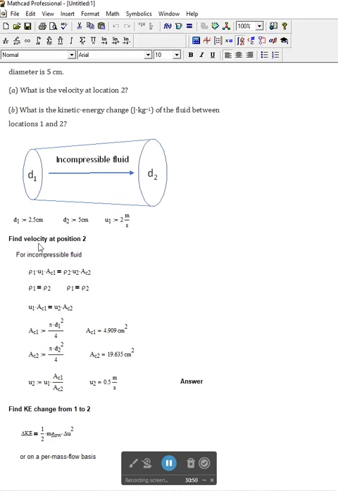In this case, this problem statement was easy enough that we didn't have to do a lot of work with coming up with assumptions and defining systems and surroundings in real explicit detail. It's pretty obvious that our system is the fluid that's flowing through here. The surroundings is everything else. There's a very simple equation that describes the flow of incompressible fluids through a pipe of varying diameter, and that's what this is.